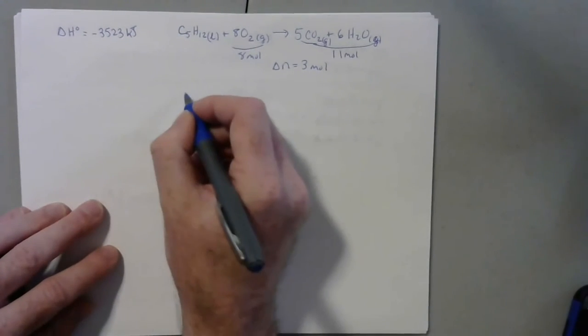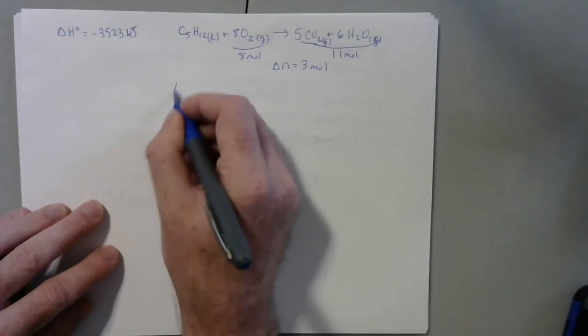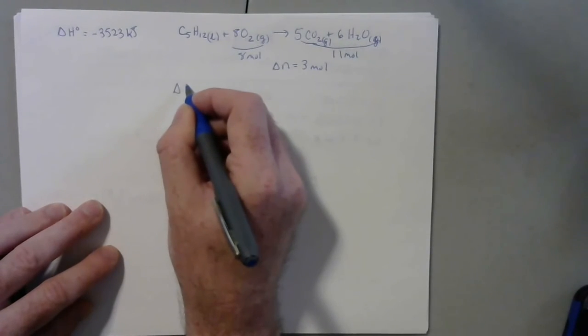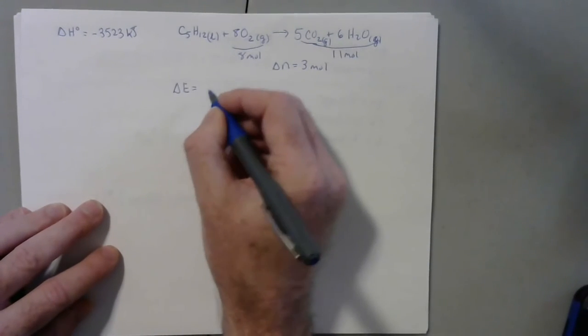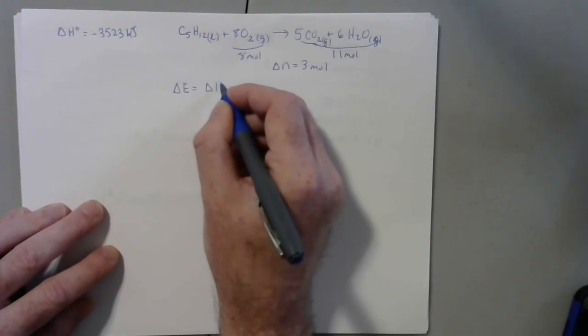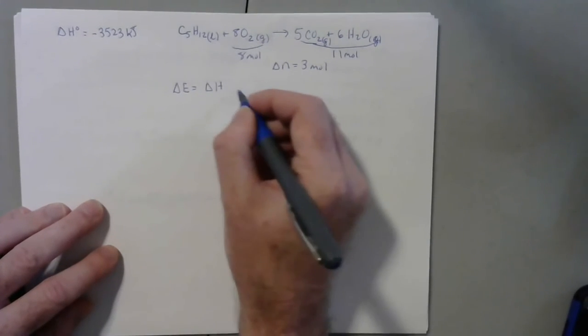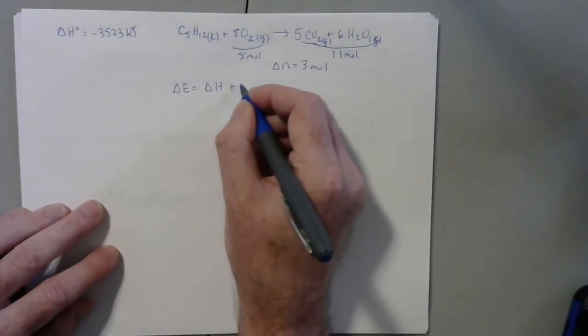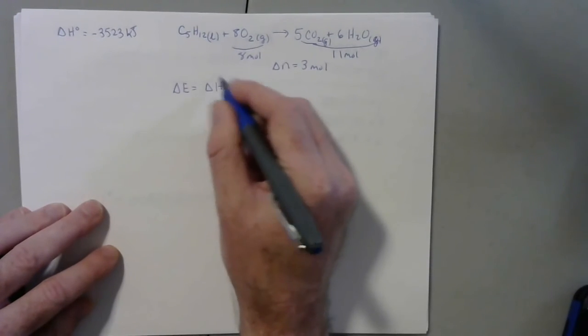Now, let's look at our formula. Delta E is going to essentially be our delta H plus our work term, where delta H is our heat.